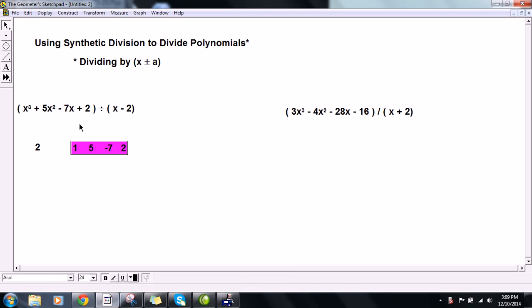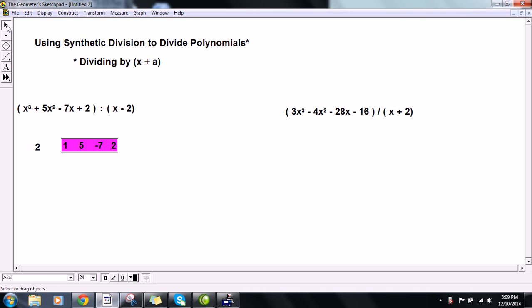Sometimes if you don't have an x term, you'll have to keep that place with a 0 for that particular degree term, but this is not the case. We have a cubic, a quadratic, a linear, and a constant, so I'm taking just the coefficients, 1, 5, negative 7, 2.